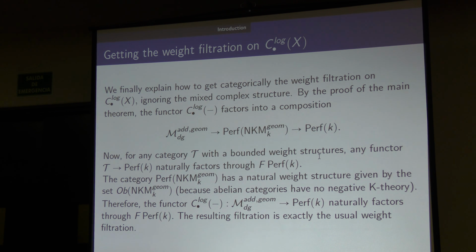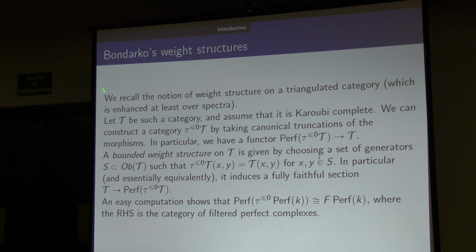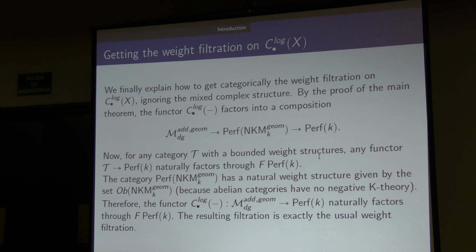And now it just remains to note that this category of non-commutative geometric K-motives has a natural bounded weight structure, which is given by the smooth and proper geometric categories themselves. And the condition of vanishing of positive homology is satisfied because this positive homology is, in this case, just negative K-theory, and abelian categories don't have negative K-theory, so we get a weight structure.